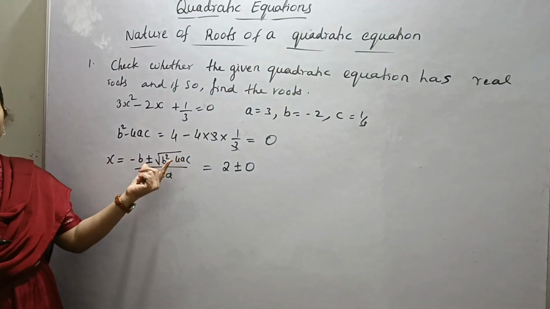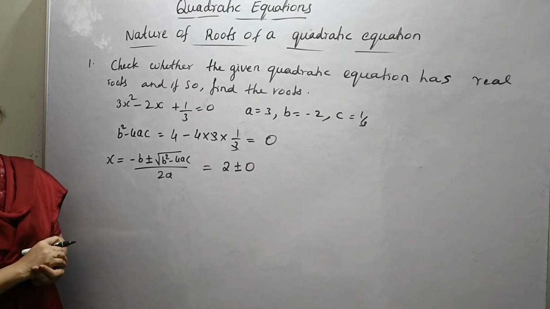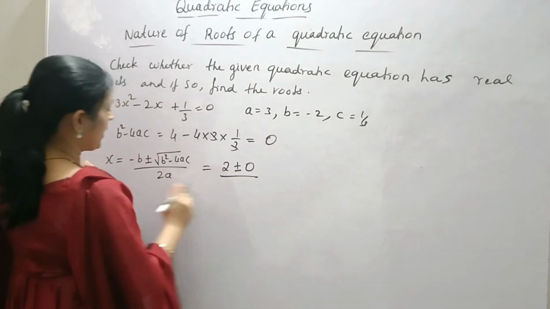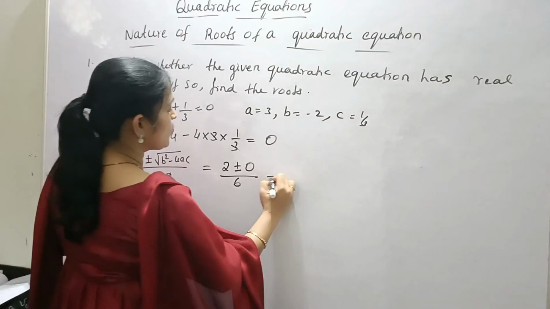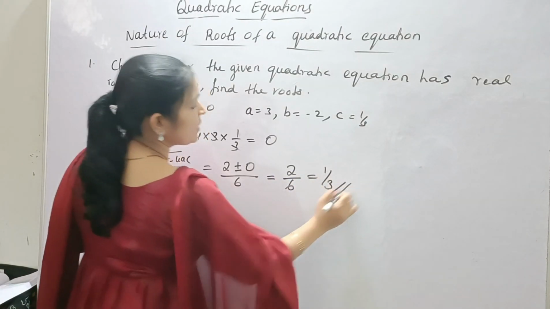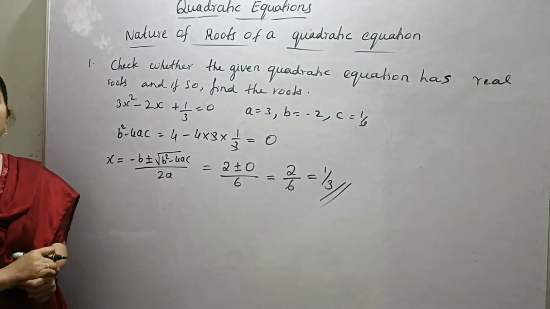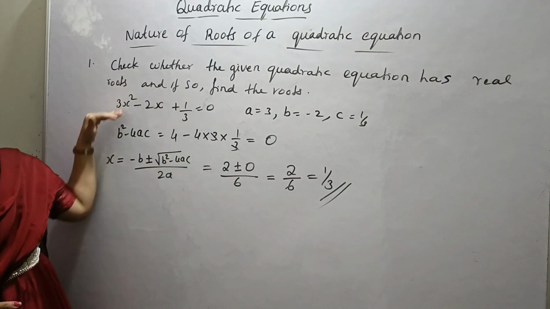We have already found b² - 4ac is 0, and the square root of 0 is 0 itself. Divided by 2 × 3, that is 6. That is equal to 2/6, that is 1/3. So 1/3 is the root of the given quadratic equation.